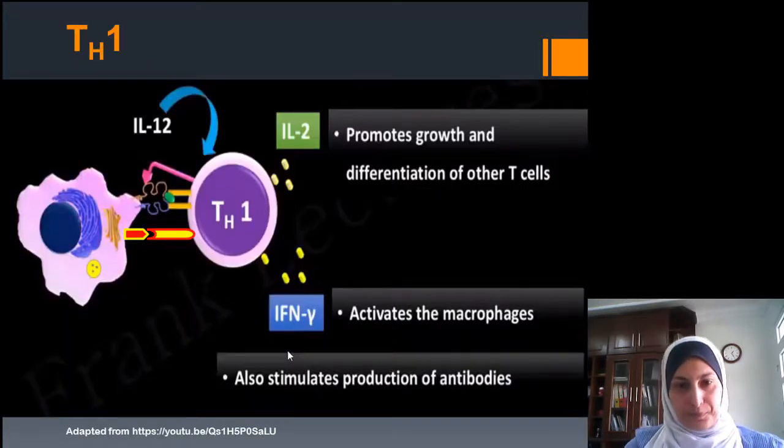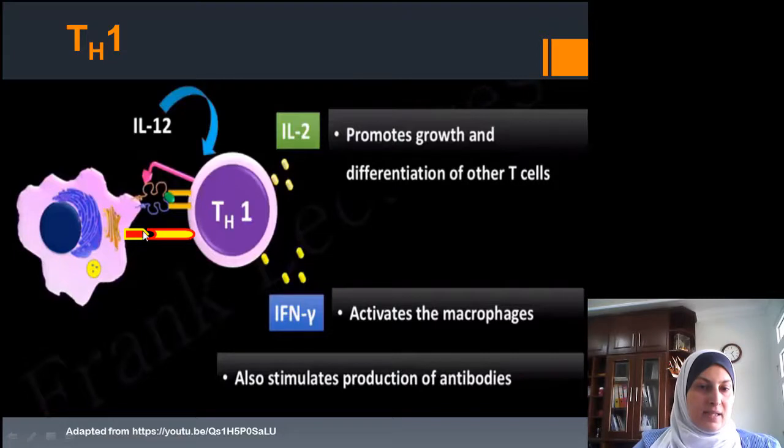Let's see how. So this is a CD4 T cell, and this is the first signal where the T cell receptor recognized the peptide bound on the MHC, and this is the CD4 recognizing the MHC. So this is the first signal. The T cell is in a steady state.